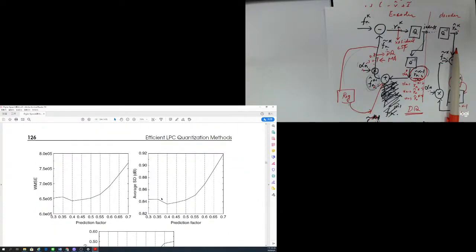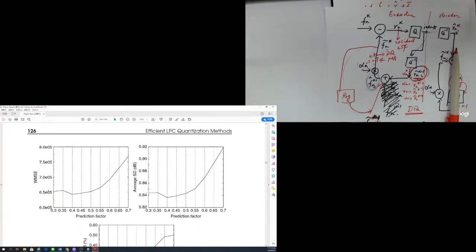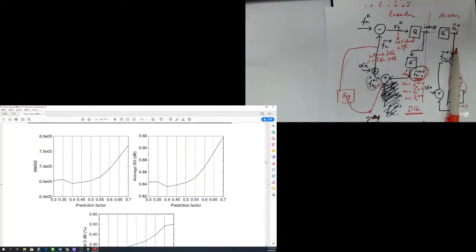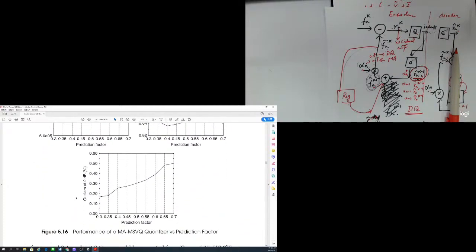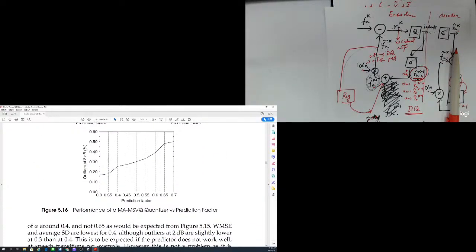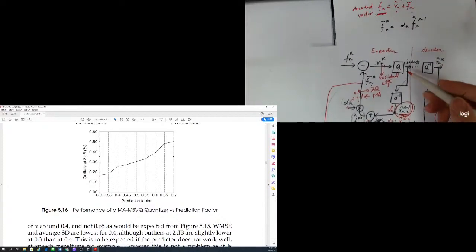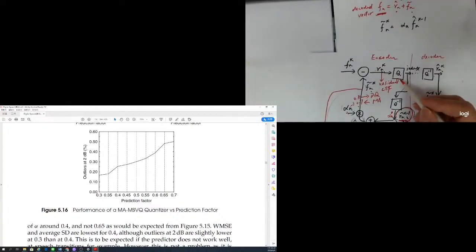The prediction factor will become lower. Previously what we were talking about was just one stage, so this quantization is just one stage.